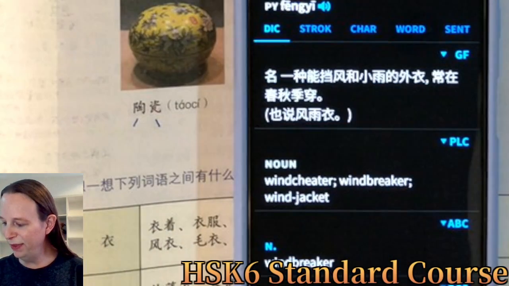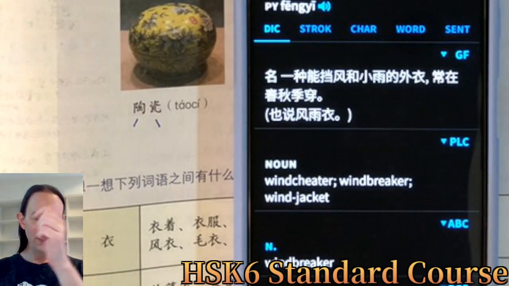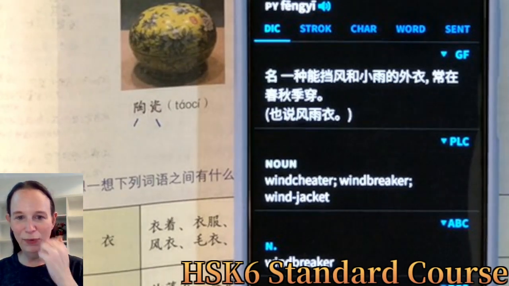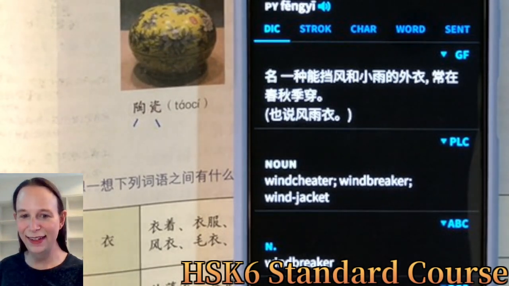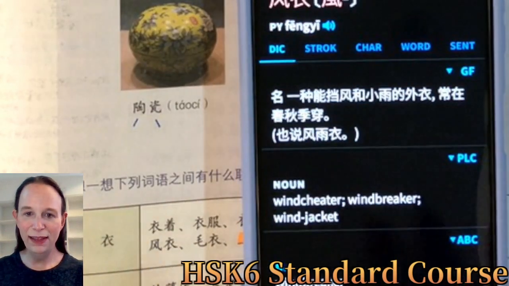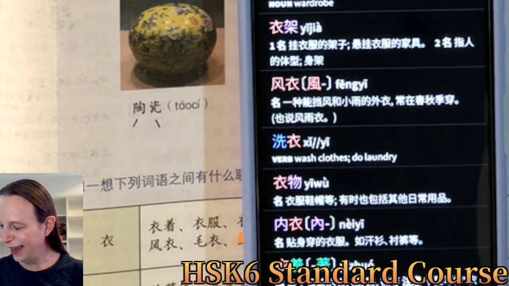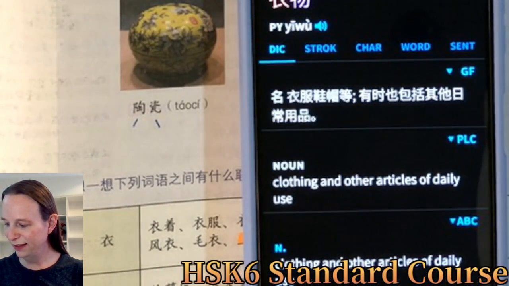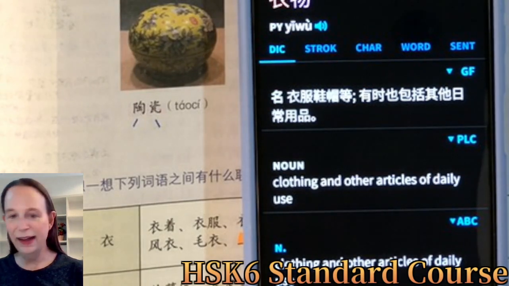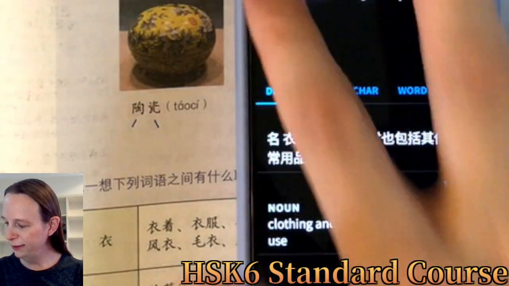风衣, yeah, presumably it's wind cheater. We call it wind cheater. Yeah, you almost pronounce it like an S rather than a CH, don't you? Anyway, wind cheater. It makes the wind less painful. 内衣, yeah, you know that one. 衣物 is just clothes, right? 衣服鞋帽等. Oh, okay, so this is broader than clothes.